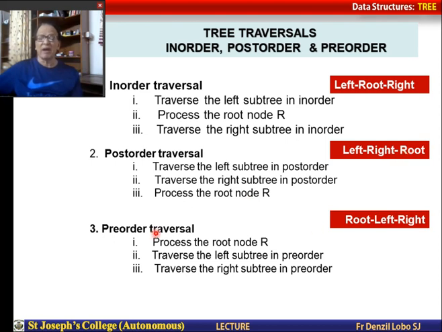Similarly, in pre-order traversal, you start with the root, therefore root, left, right. You start with the first root and print the content, then you move to the left, and go on printing every time, and then you get your left subtree and the right subtree of the tree. So these are the three ways in which you traverse the binary search tree.